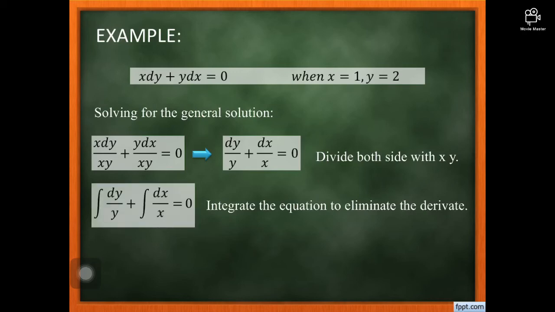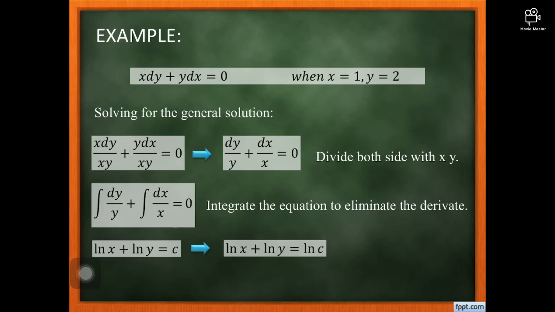The integration of dy over y plus the integration of dx over x equals 0. By integrating, you will have ln x plus ln y is equal to c. But we can also express it as ln x plus ln y is equal to ln c. Whatever you put in ln c, that is still c. So c here is the arbitrary constant.